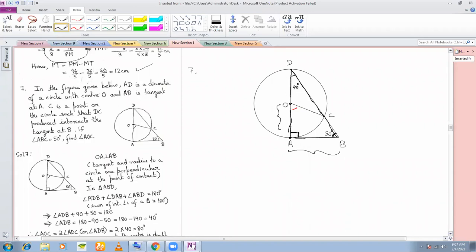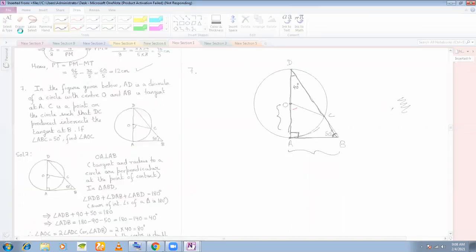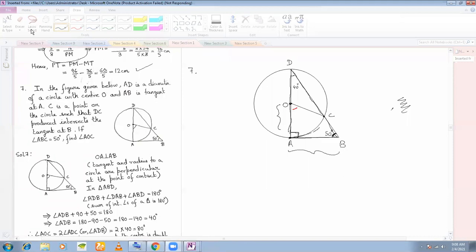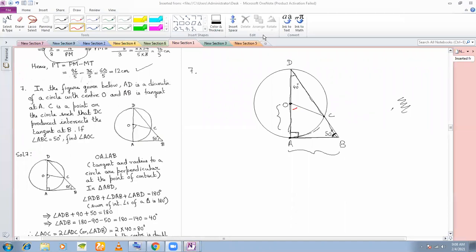So once we have got this as 40, this angle is subtended by this arc here at the remaining part of the circle.